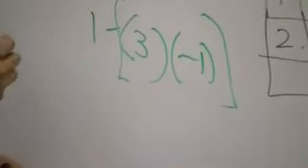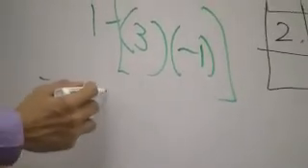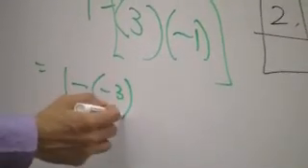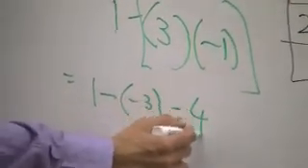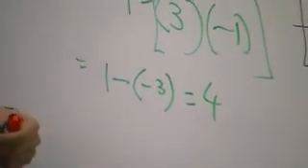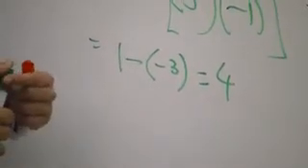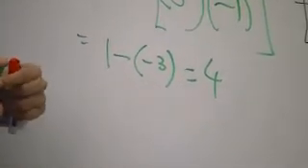Right? So it's going to be 1 minus 3 times negative 1, which is negative 3, so that is 4. Right? Any questions? So now you have to tell me what should be the y.